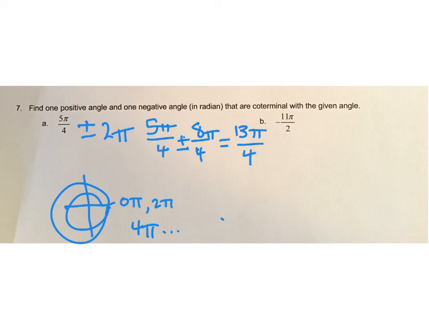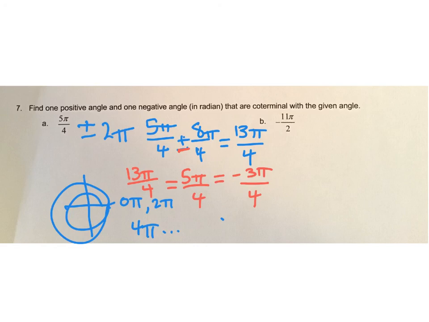That's coterminal with 5 pi over 4. And if we subtract, 5 minus 8 pi over 4 equals negative 3 pi over 4. So all of these are equivalent to each other and to the initial 5 pi over 4. There's an infinite number of coterminal angles with that.